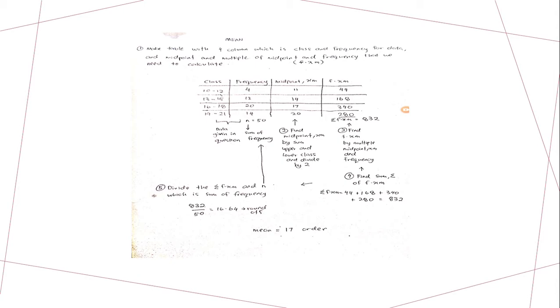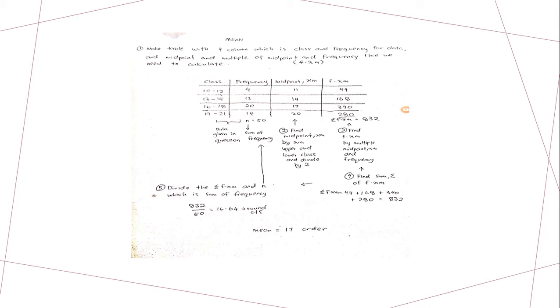Okay, and lastly, we will need to divide the total FXM, which is frequency XM, with the N. I mean, we will need to divide the total frequency XM with N. So it will seem like 832 divided by 50, because total N is the sum of the frequency. So after we plus all of the frequency, we will get N.